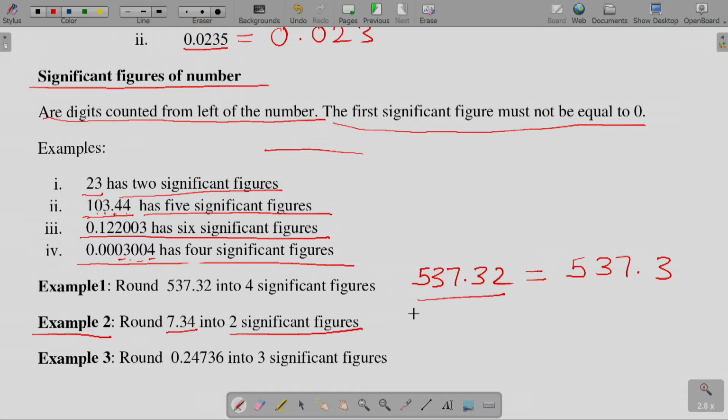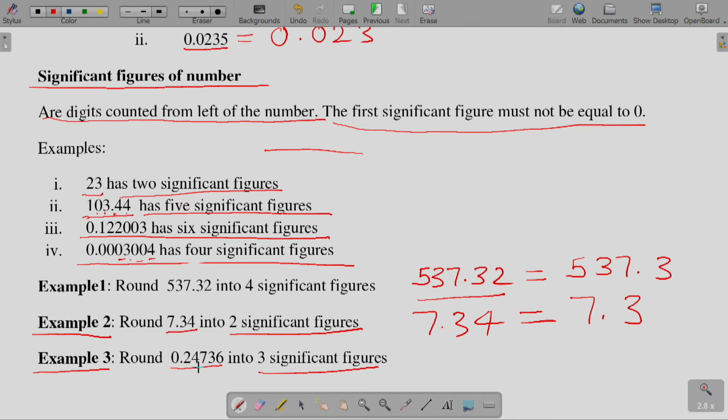Now let's move to example 2, where we are required to round this number into 2 significant figures. Given 7.34, this number into 2 significant figures will be 7.3. Also, let's move to example number 3, where we are required to round this number into 3 significant figures.